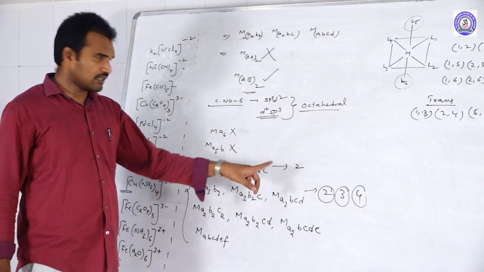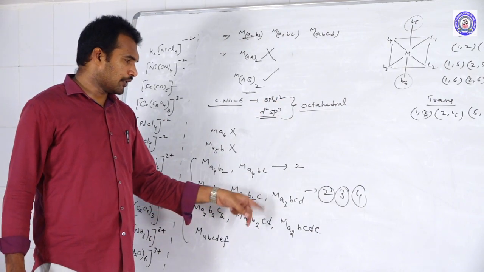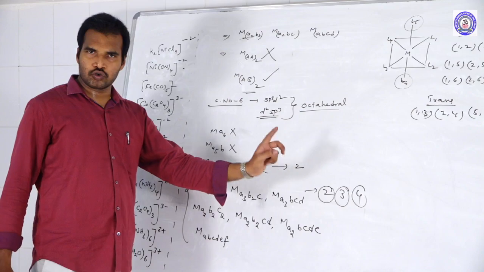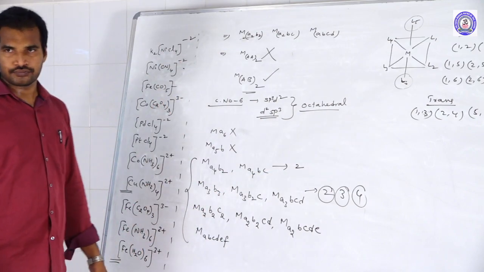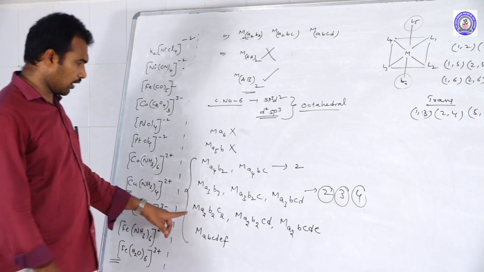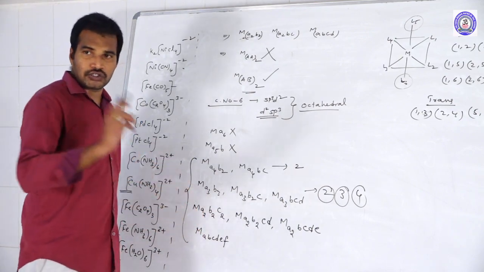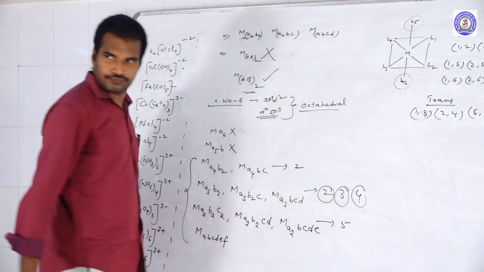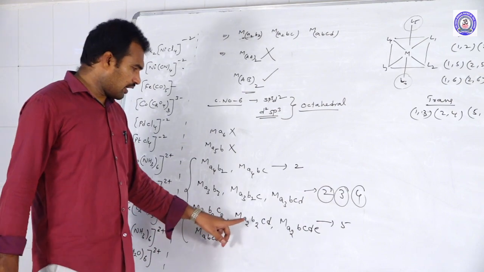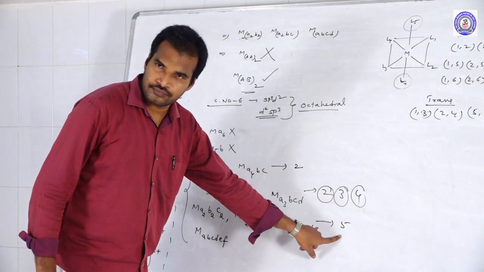MA4B2 and MA4BC will show 2 geometrical isomers. MA3B3, MA3B2C and MA3BCD will show 2, 3, 4 respectively. Next, MA2B2C2. How many can it show? MA2B2C2 will show a total of 5.